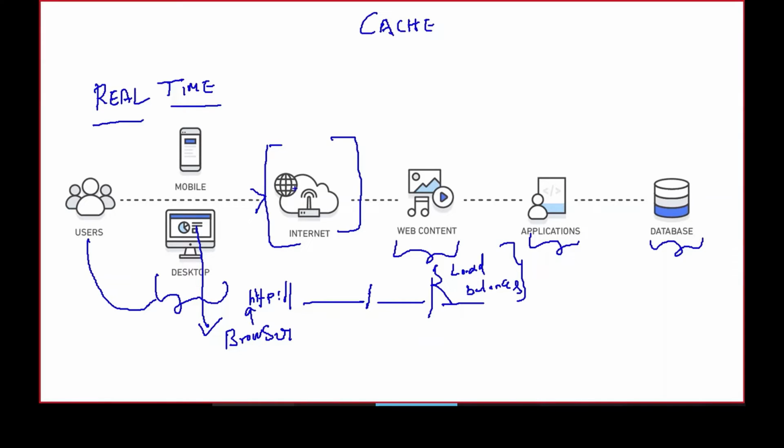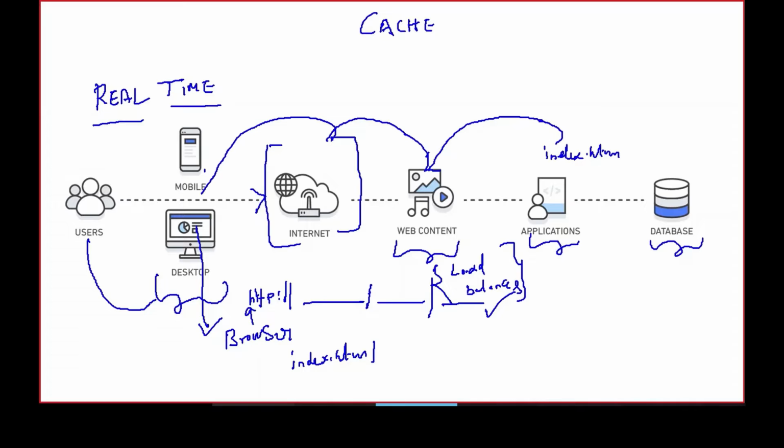Suppose you made a request for the page index.html. That index.html is actually part of the application. On the very first request, the load balancer will get the information and pass it through the internet to the client.